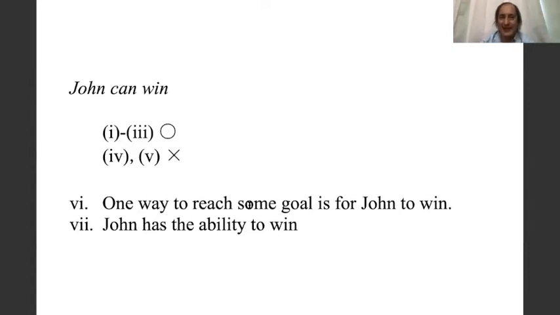When we look at "can," we find a slightly different range of interpretations that it can have. I can say "John can win" and still be using it to give permission. Today, John's wife gave him permission, so John can win today. But yesterday, he wasn't allowed to.